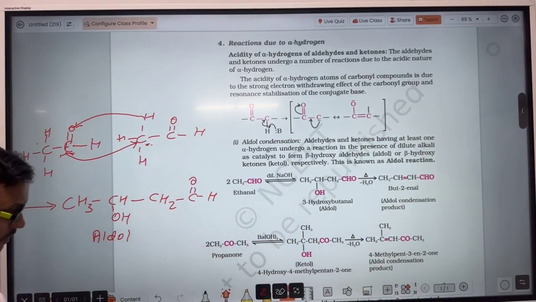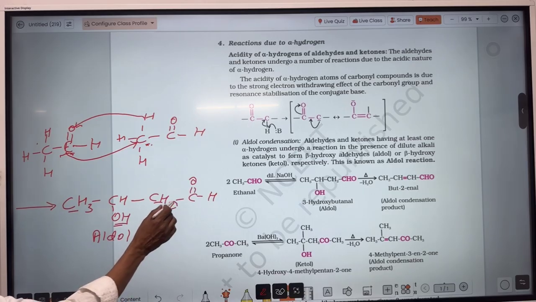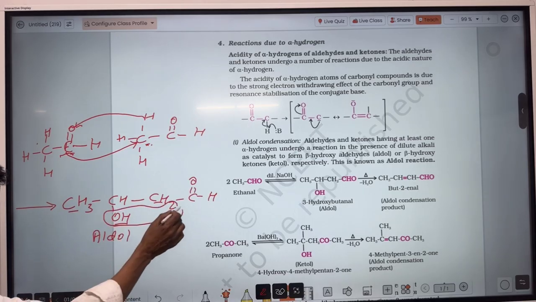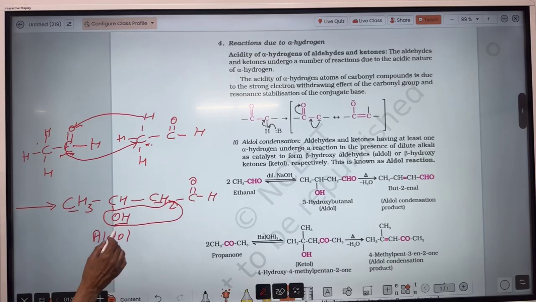And then after that there will be an elimination reaction. Now when there is the elimination reaction, hydrogen will be released from the beta carbon. This carbon is a beta carbon and this carbon is also a beta carbon. Recall Saytzeff's rule: hydrogen is released from the carbon atom which contains fewer hydrogens.